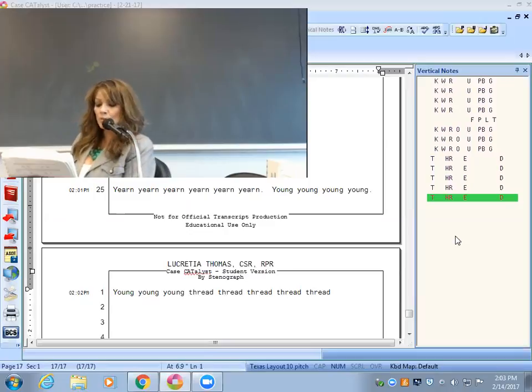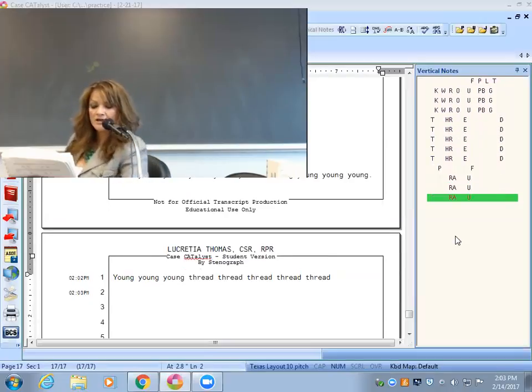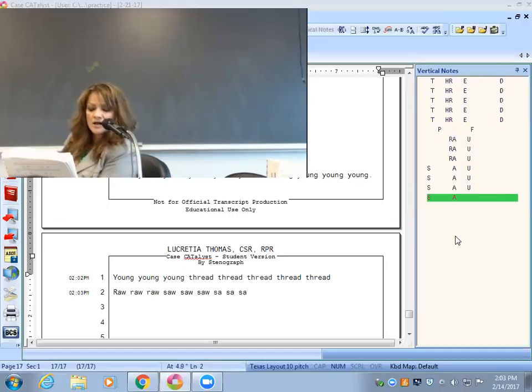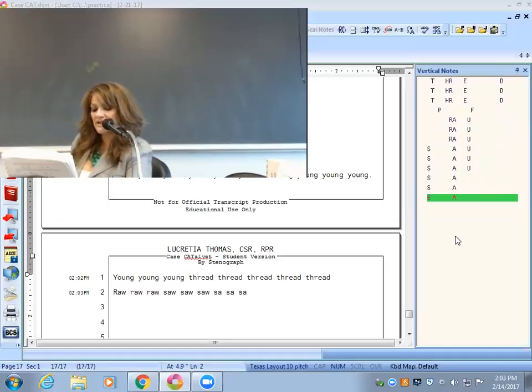So an example, raw. It's now going to be written R-A-U. So all aw words are written A-U. Saw, I saw him, S-A-U. So now you have the aw sound is A-U. Because if I just write S-A, I'm not pronouncing it right. It's not sa, it's saw. So A-U equals A-W, and it's written A-U on your machine.